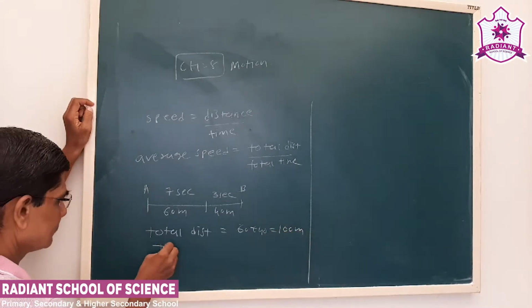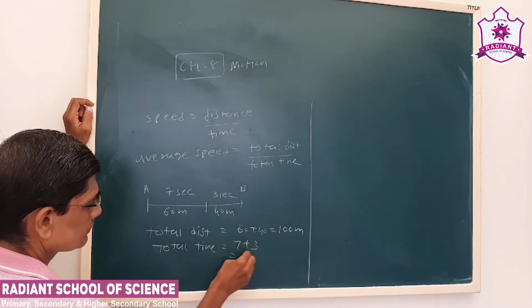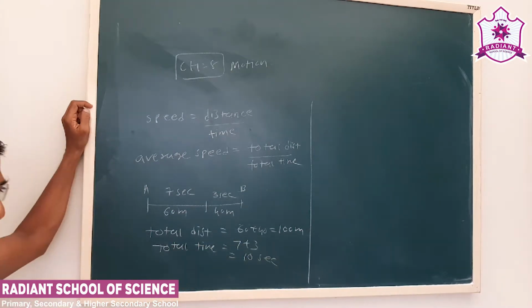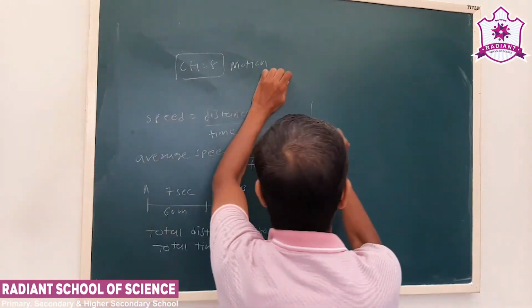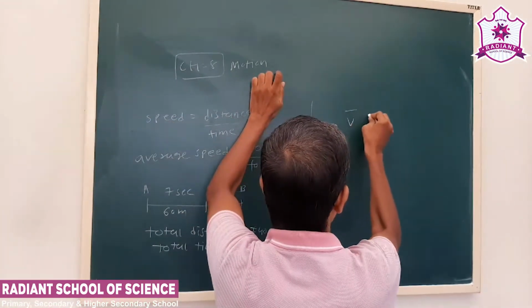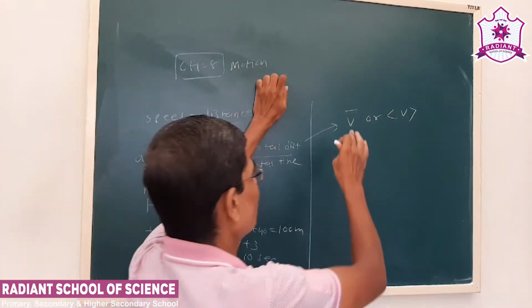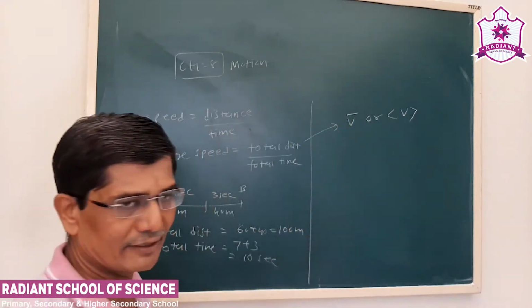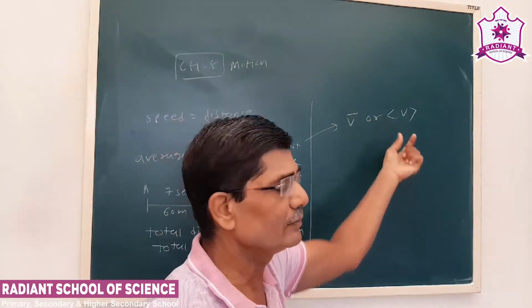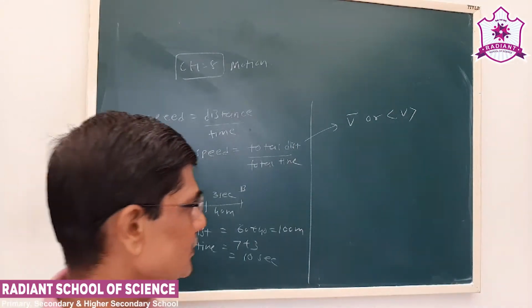And total time, okay. Now average speed. See the symbol for average speed, V bar. This we call V bar, that is a symbol of average speed. When we represent it in the form of a bracket, then also it represents the average speed.